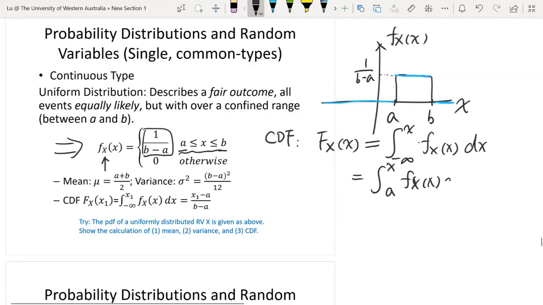Of course, in this case, we assume x is smaller than or equal to b.